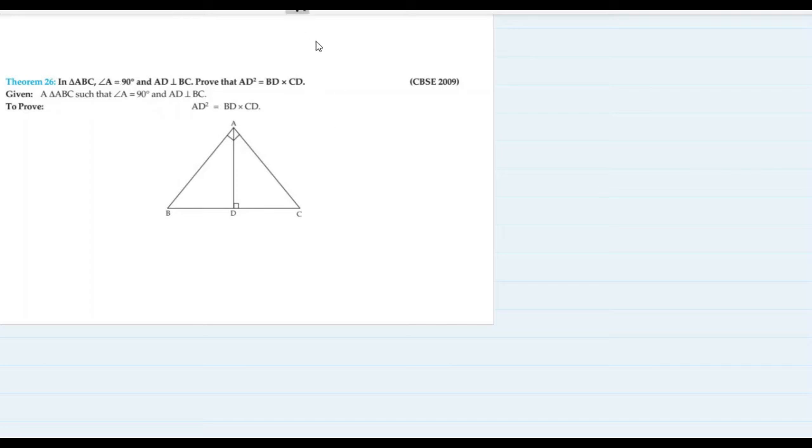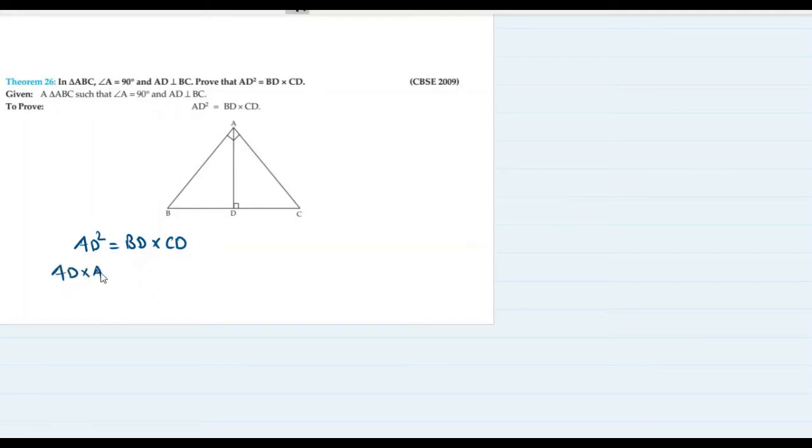I would like to invoke a technique which we had used maybe a few lectures back. That is the similarity technique. So just look at what I'm doing. See what we need to prove: AD square is equal to BD multiplied by CD. Now I told you in that technique that first you write what you need to prove, then simplify it and write it in the form of a ratio like this.